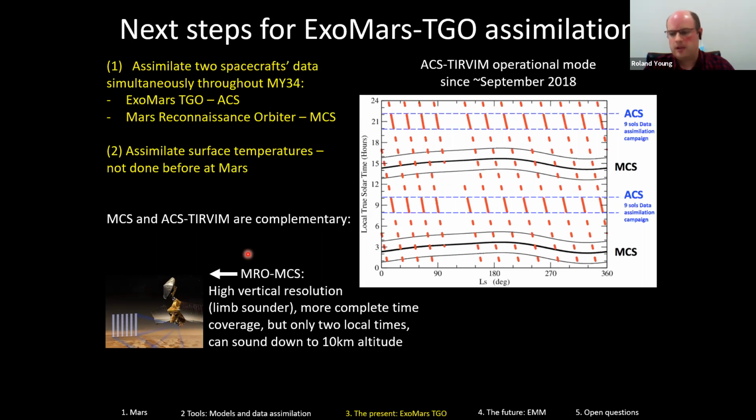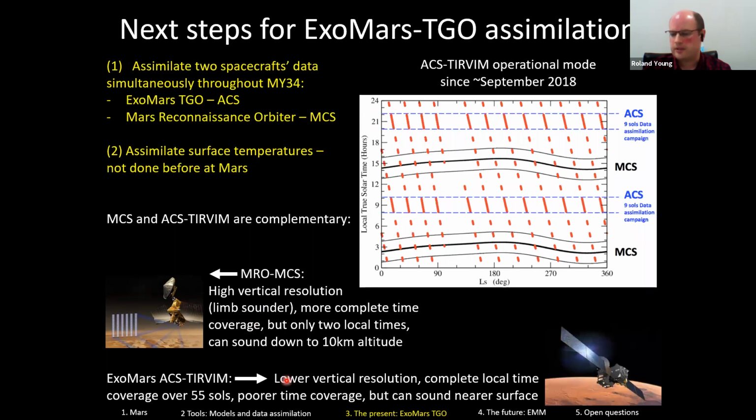Many spacecraft, for a particular technical reason, observe the atmosphere at local time 3 p.m. and 3 a.m., or 2 p.m. and 2 a.m. local time. And this is what this spacecraft does, but it does it with a very high vertical resolution, so it's a very good data set.